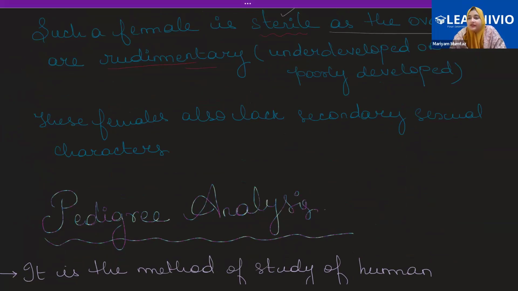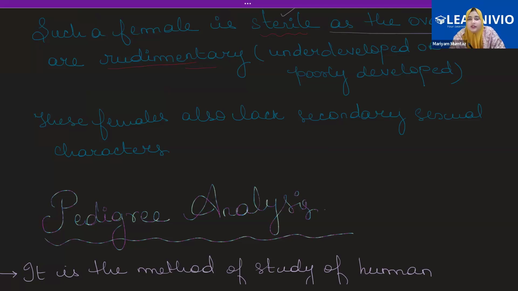Any doubts up until now, students? All right. Also, as far as this chapter is concerned, now we are only left with one topic, and that is the pedigree analysis, which we will discuss. But first, you people solve some questions. Then we'll come on to the pedigree analysis. Now, while solving the questions, if you people get any doubt about the pedigree, you leave it because we'll discuss pedigree separately.